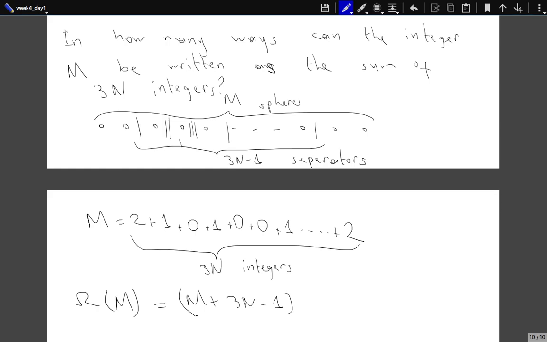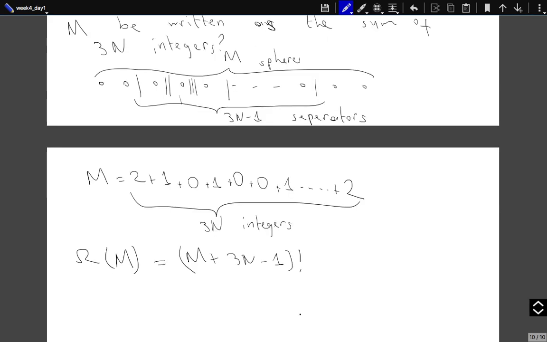Now, among all these objects, I can order them in this much factorial different ways. But if I shuffle only the spheres among themselves, it doesn't give me a different partition of M. It gives me exactly the same integers, so that doesn't give me a new microstate. In how many ways can I shuffle the spheres?